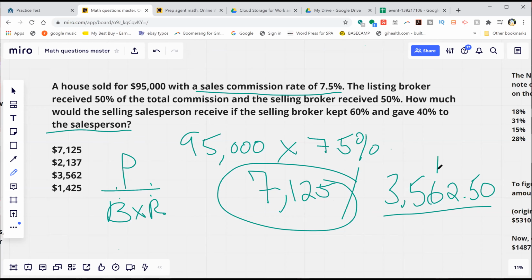So that's what they got. Now, the broker kept 60 and gave 40% to the salesperson. So what do we have to figure out now? Now we have to multiply it by 0.40. So what number did you get there? Yeah, it's a junky split, right?